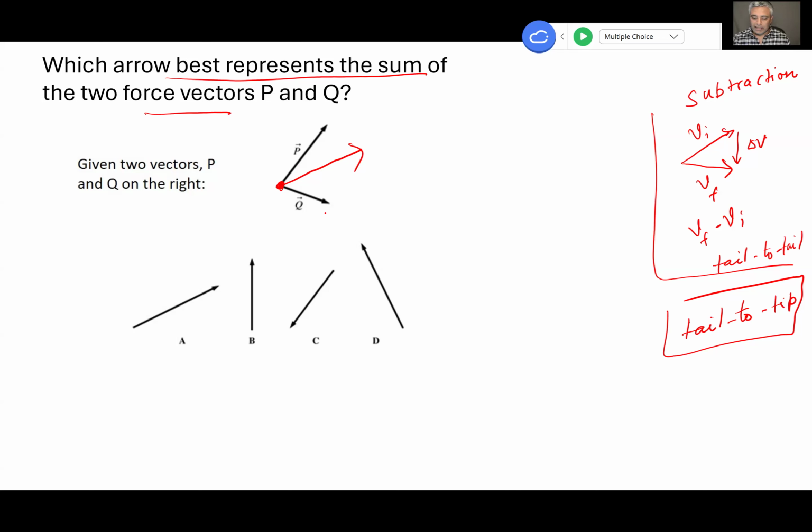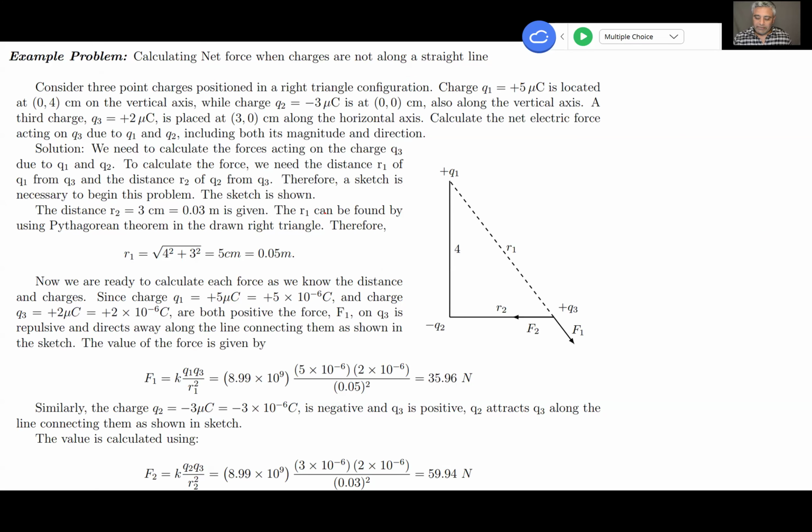So now why that's the case, why I'm reminding that? So if we look at this problem, again, this is from my note. If you look at this problem, there are these three charges at the vertices of a right triangle. And we are asked to find total force on charge Q3 due to Q1 and Q2, right?